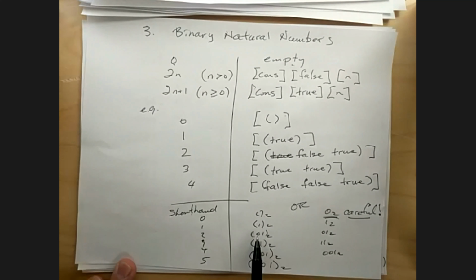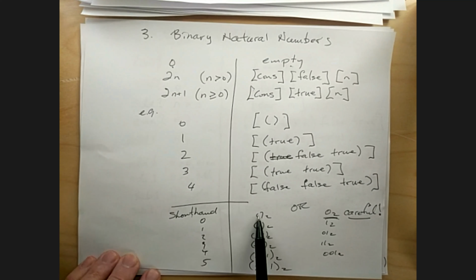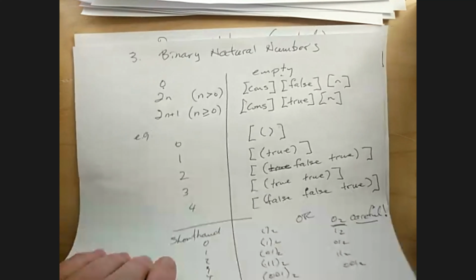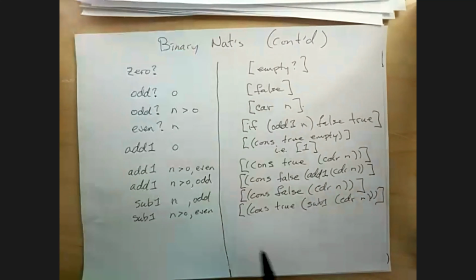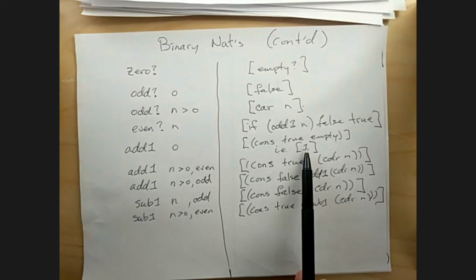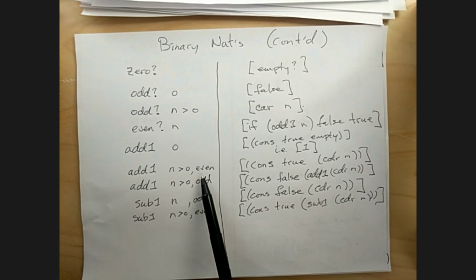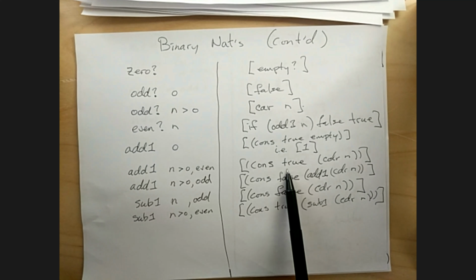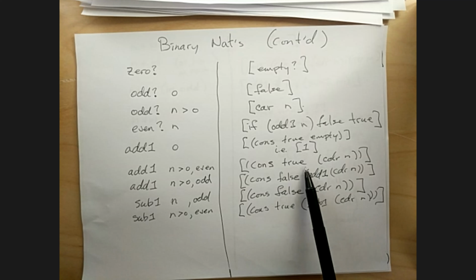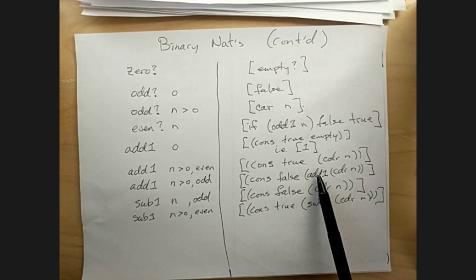All I do to get from 2 to 3 is change the 0 to a 1. 0 is even, but it's a little bit different. So add 1 of 0 is just 1. Add 1 of an even number, I stick a 1 onto the beginning of the number and remove the 0 that was there before.